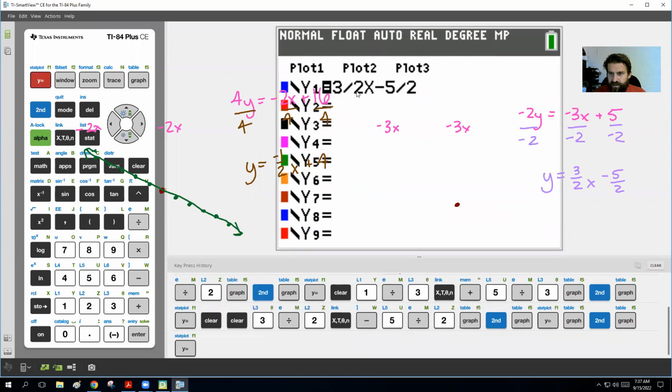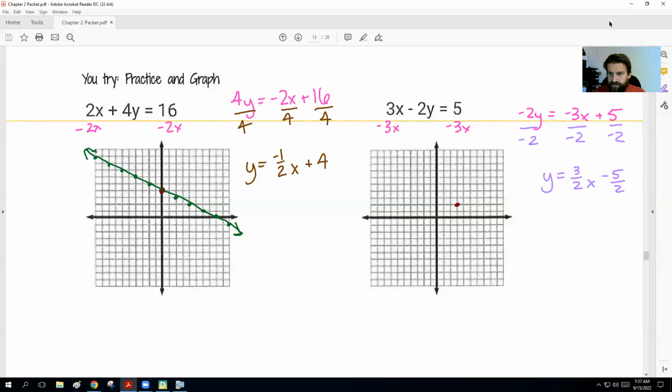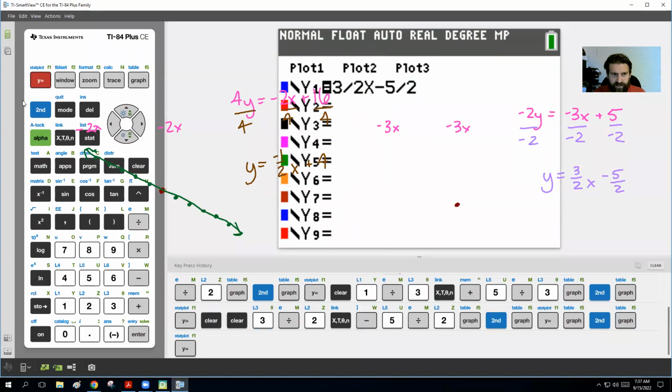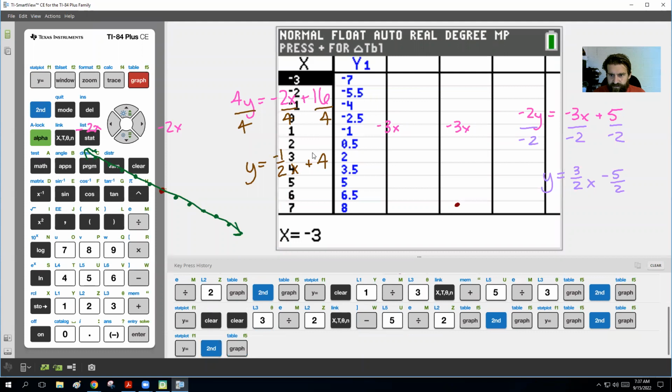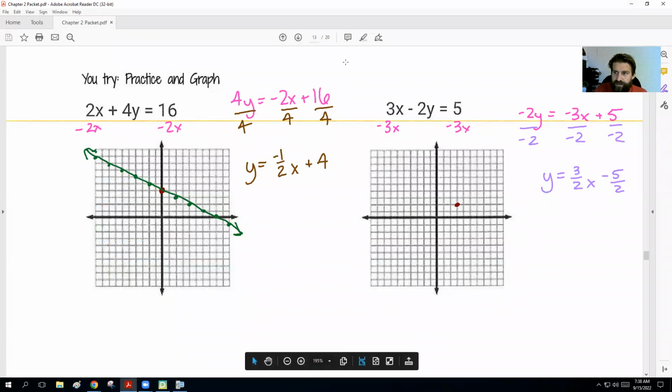So we'd go up 3 over 2. All right, let's just do it.